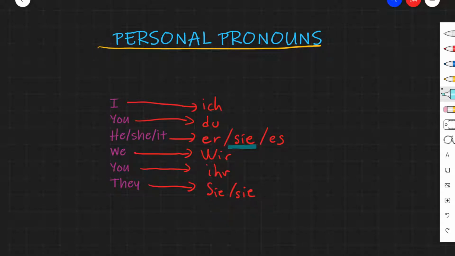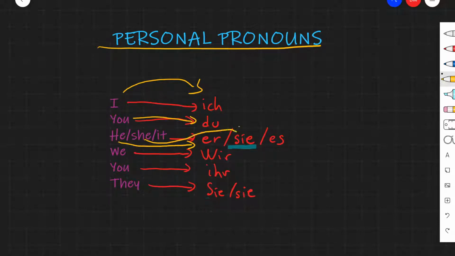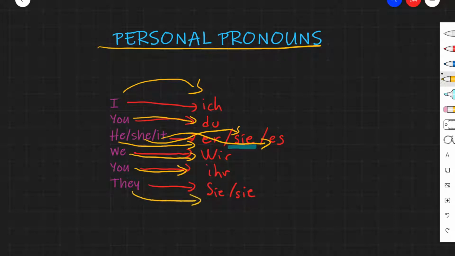So let's repeat again. I, ich, you, du, he, er, she, sie, it, es. We is wir, you is ihr, they is sie, and Sie.